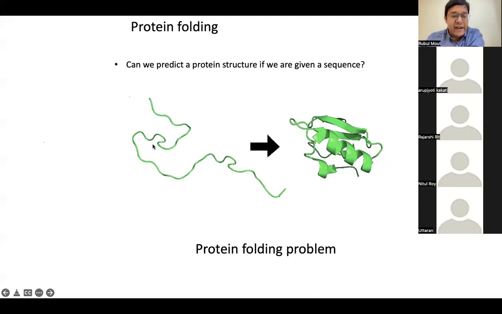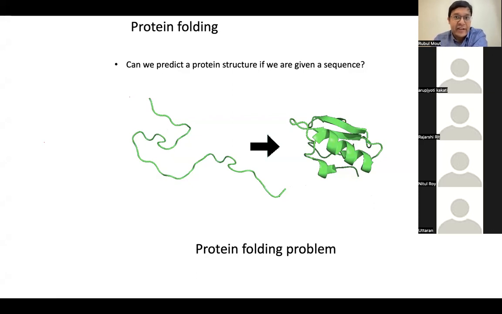There are thousands of atoms associated with one particular chain. For example, insulin has about 100-some amino acids, and each amino acid has maybe 20 atoms or even more, so you can imagine how many thousands of atoms you have per protein.